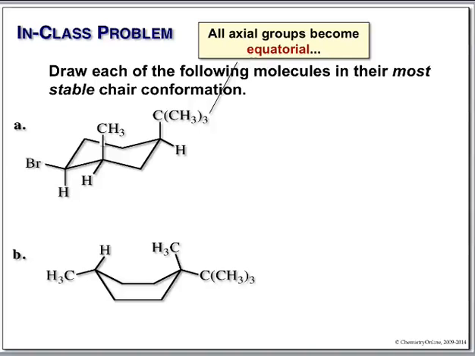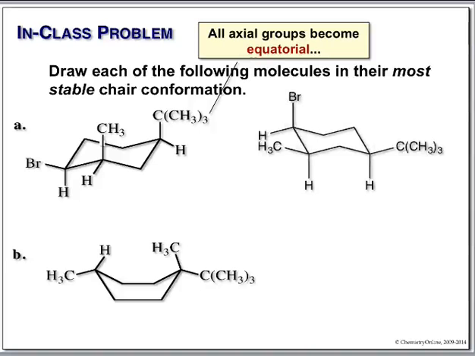Therefore, we're going to draw a chair, and we're going to put this tert-butyl group equatorial. When we do that, everything that's axial will become equatorial, everything that's equatorial will become axial. Therefore, this methyl, axial, becomes equatorial, equatorial becomes axial.